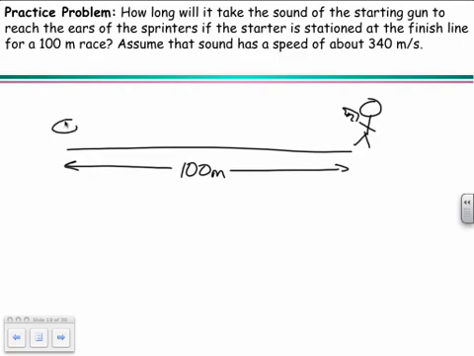And here's the runner, ready to go. This guy's going to shoot the gun, and the sound is going to be traveling. What's the velocity that the sound is going to be traveling? 340 meters per second.